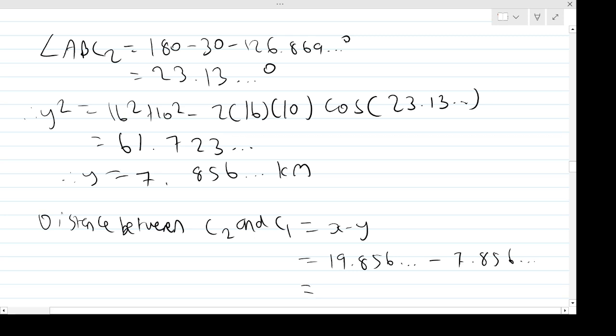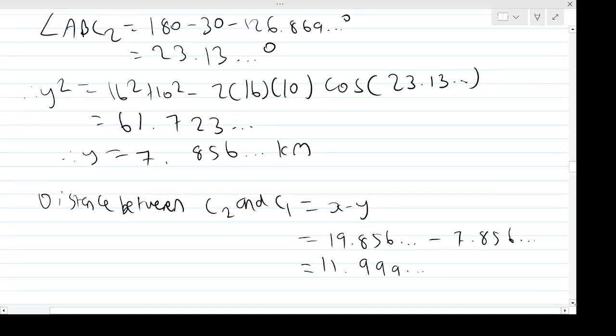And so then that would be 11.999, blah, blah, blah, kilometres, and that'll round up to 12.0 kilometres to 3 significant figures. And there we are then.